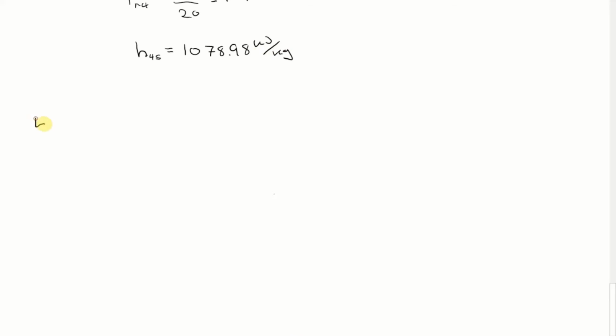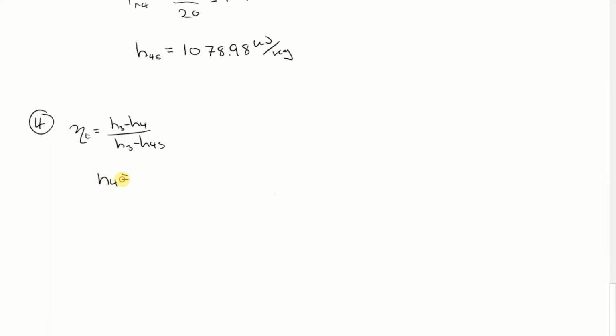So now we'll look for our actual state 4, which we'll find using our turbine efficiency. So turbine efficiency is (h3 minus h4) over (h3 minus h4s).